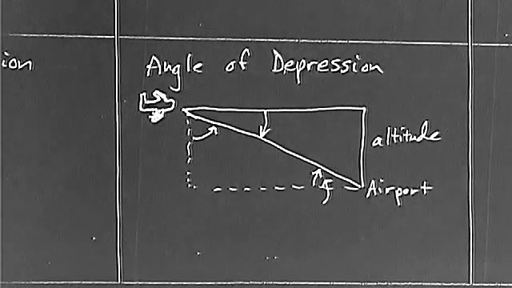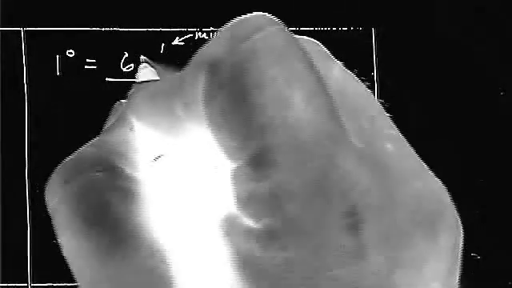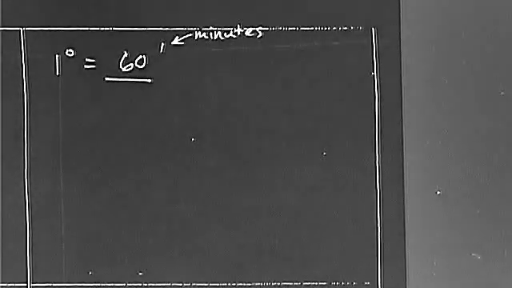Okay, next. 1 degree is equal to how many minutes? I know you've never seen that symbol before, but that stands for minutes. And we have 60 minutes in a degree, just like time. Like 1 hour equals 60 minutes.